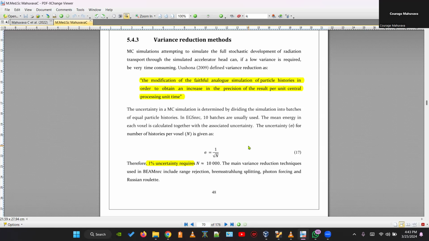So you can either increase your particles or decrease them in order to achieve this uncertainty, and also look at how much time it's taking to simulate. Of course, there are other factors that affect the speed, including your computer capabilities and the geometry itself. If it's a complex geometry, you might need a little bit more time.